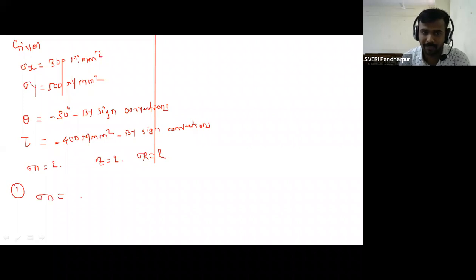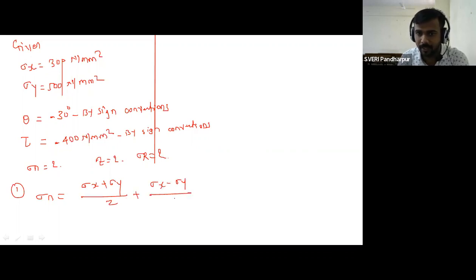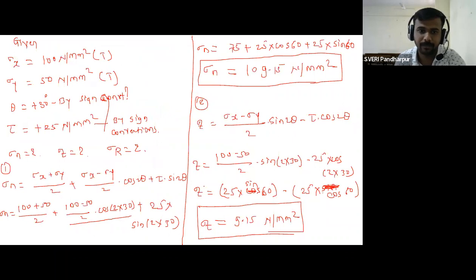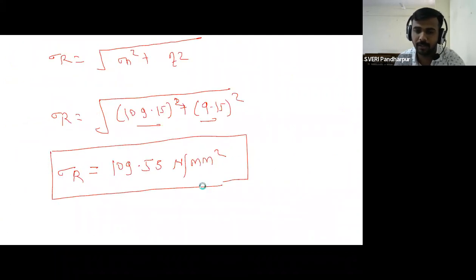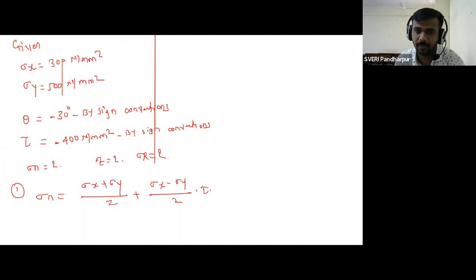So put the formula: sigma n is equal to (sigma x plus sigma y) divided by 2 plus (sigma x minus sigma y) divided by 2 into cos 2 theta plus tau into sin 2 theta.